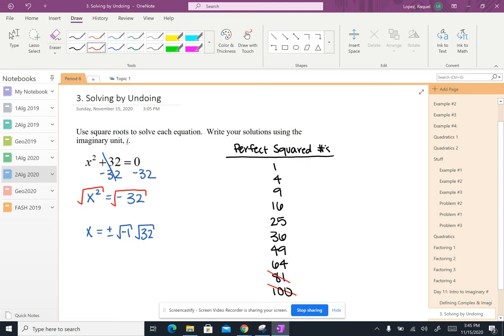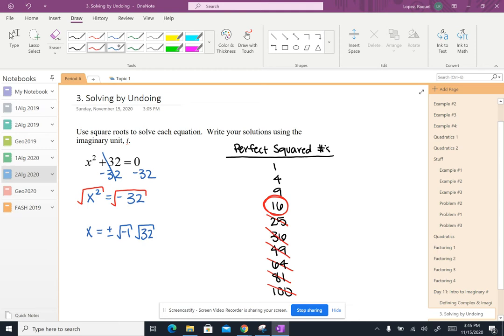Neither is 32 divided by 81, 64, or 49. 32 divided by 36 is not going to be a nice number, and neither is 32 divided by 25. Oh, but 32 divided by 16 is going to give me a number that I can work with.